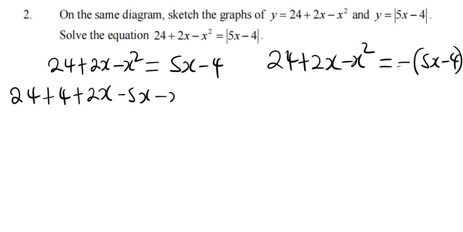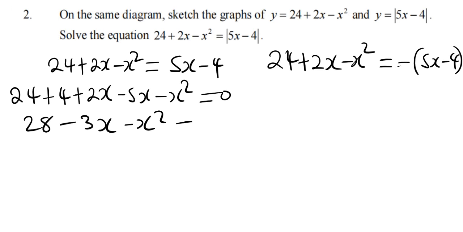Then I've got negative x squared, which is equal to 0. Of course, 24 plus 4 is 28. We've got negative 5x and 2x, that will give us a negative 3x. Then we have negative x squared is equal to 0.